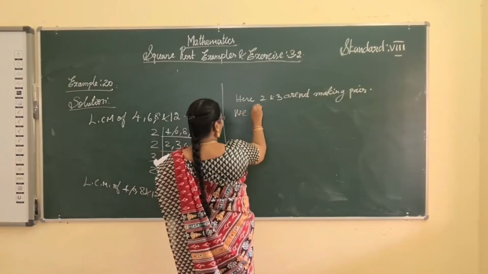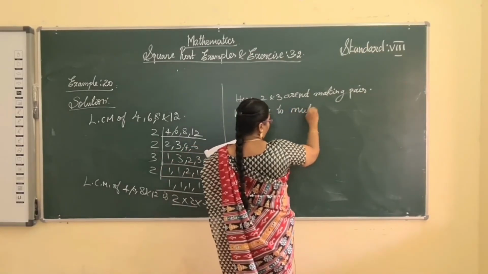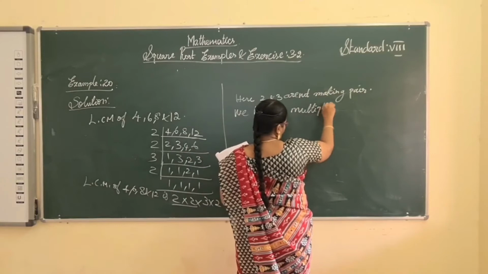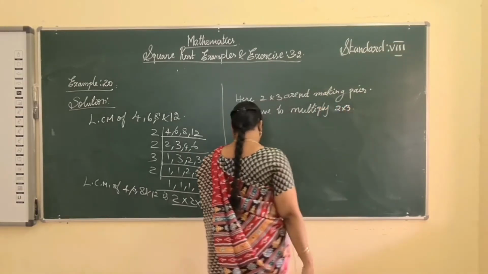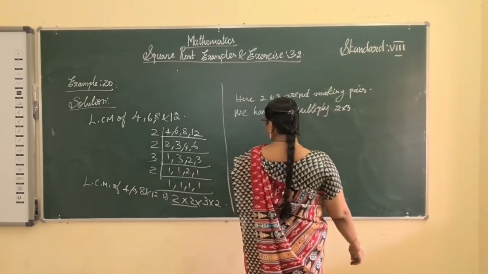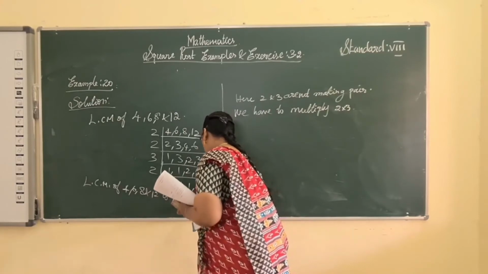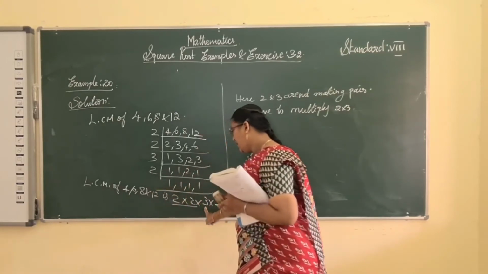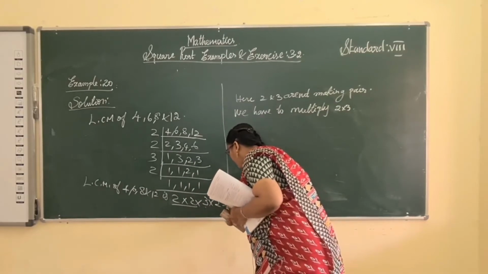So we have to multiply 2. Okay. So what is the value here? 2 2s are 4, 4 3s are 12, 12 2s are 24.